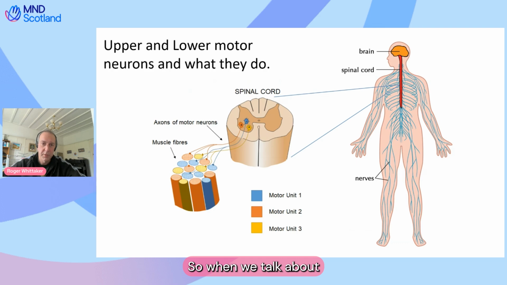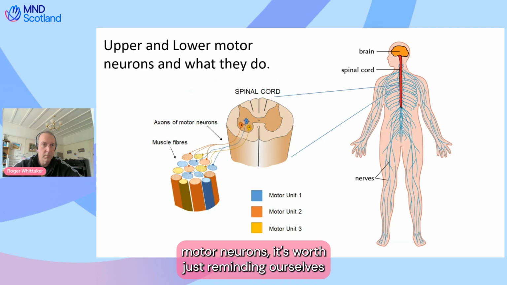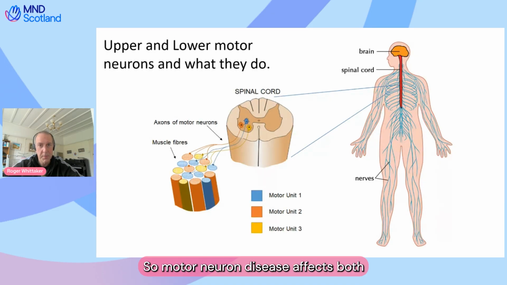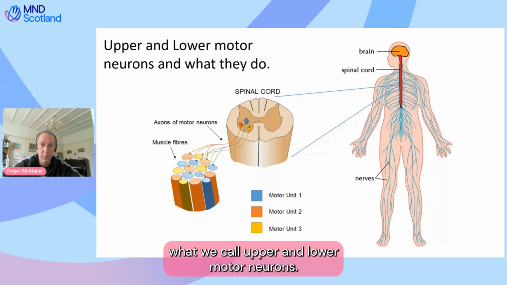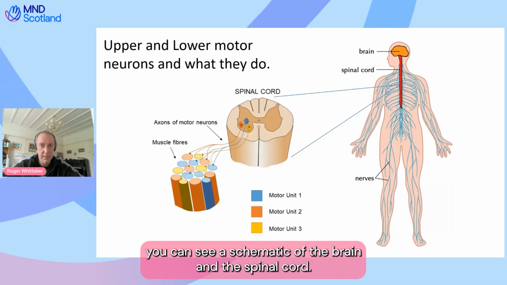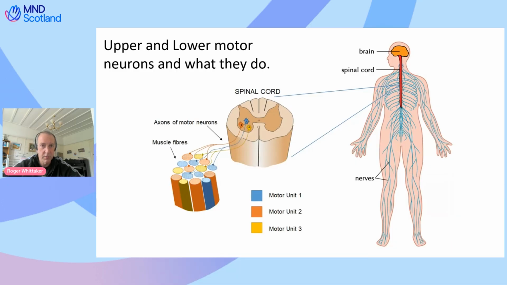So when we talk about motor neurons, it's worth just reminding ourselves what they do and where we find them in the body. So motor neuron disease affects both what we call upper and lower motor neurons. So in the diagram on the right, you can see a schematic of the brain and the spinal cord.